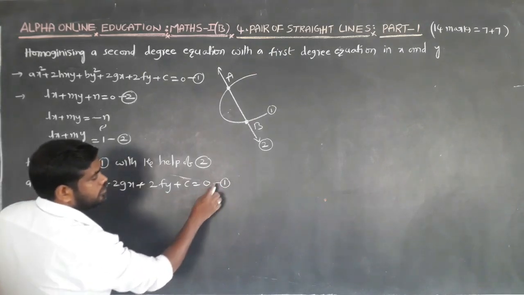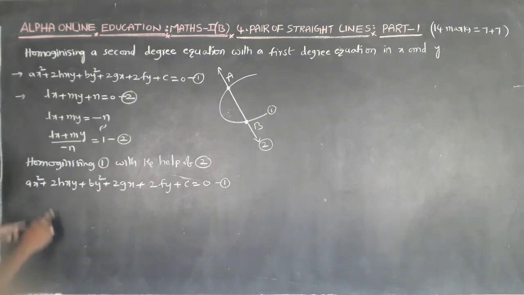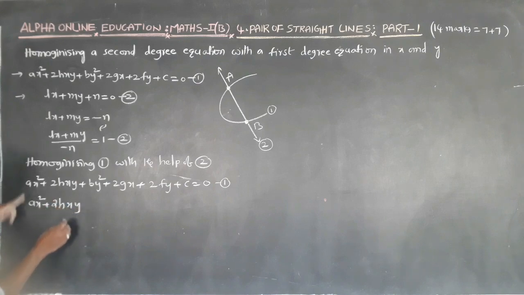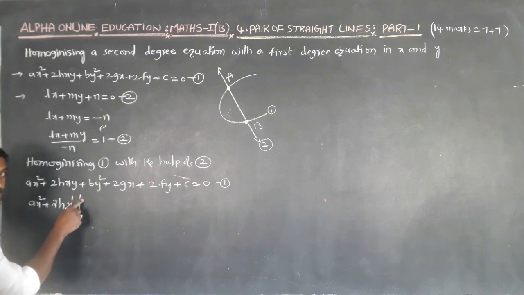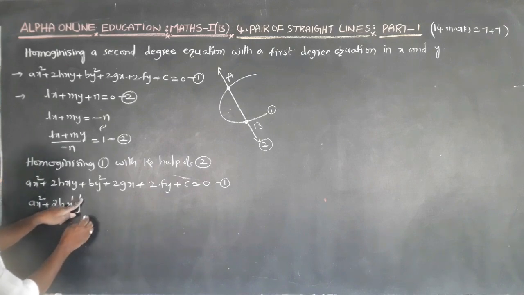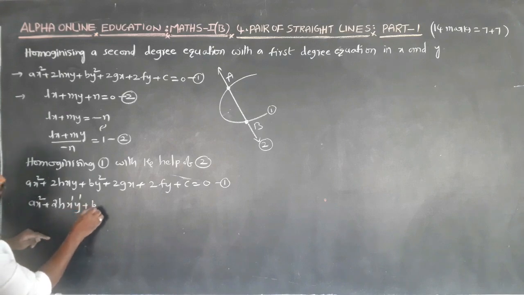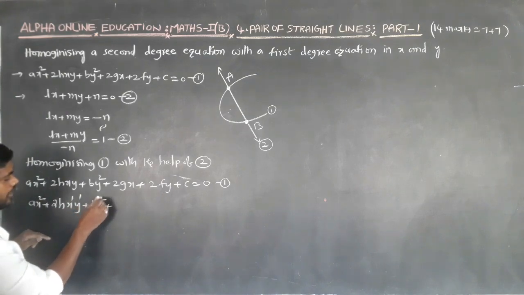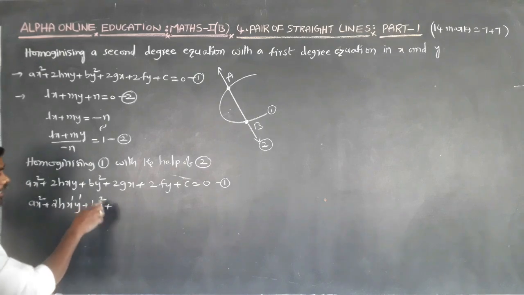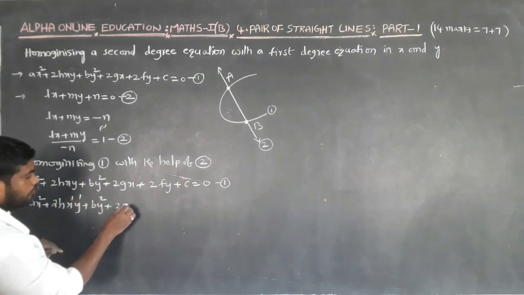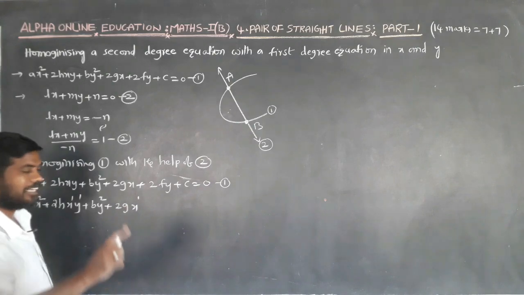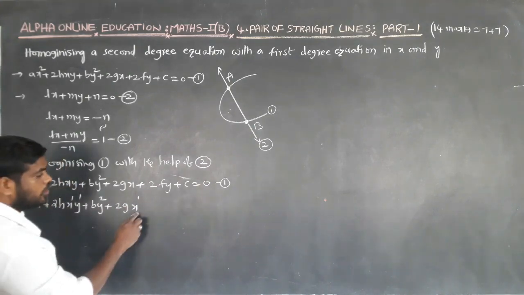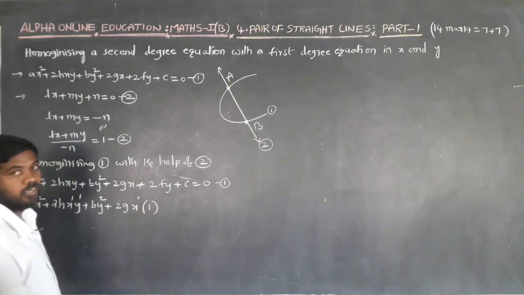Here x power 2, so write ax square the same; 2hxy, x power 1, y power 1, 1 plus 1 is 2, so it is also power 2, write as it is; plus by square, y power 2, write as it is. Plus 2gx: here x power is 1, so multiply the x term by 1.